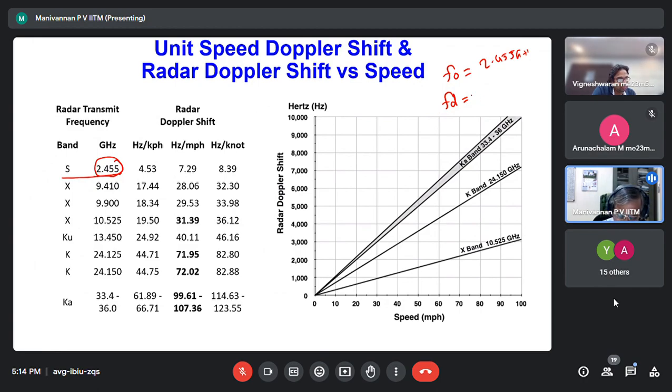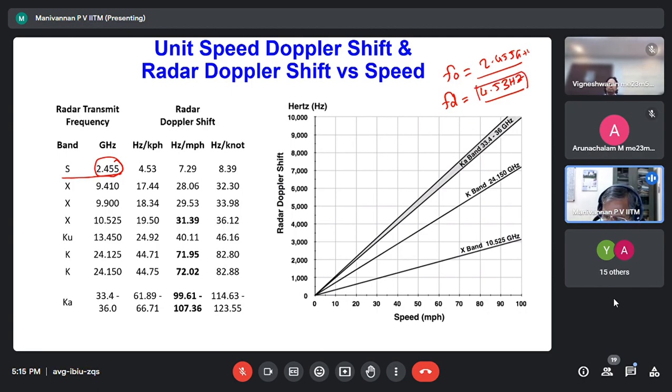FD will be a change of 4.53 hertz. Please see that. If the vehicle speed is 1 kilometer per hour and your radar is fixed, your radar is not moving. You are transmitting this frequency towards the vehicle coming from in front of you or going away from you. Now, if the speed of the vehicle moving in front of you is 1 kilometer per hour, what you will get is 4.53 hertz. That is the change.